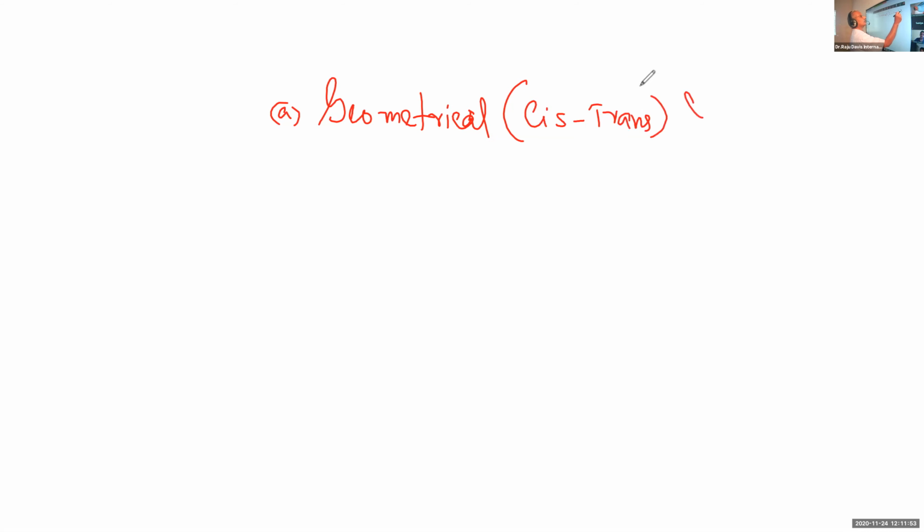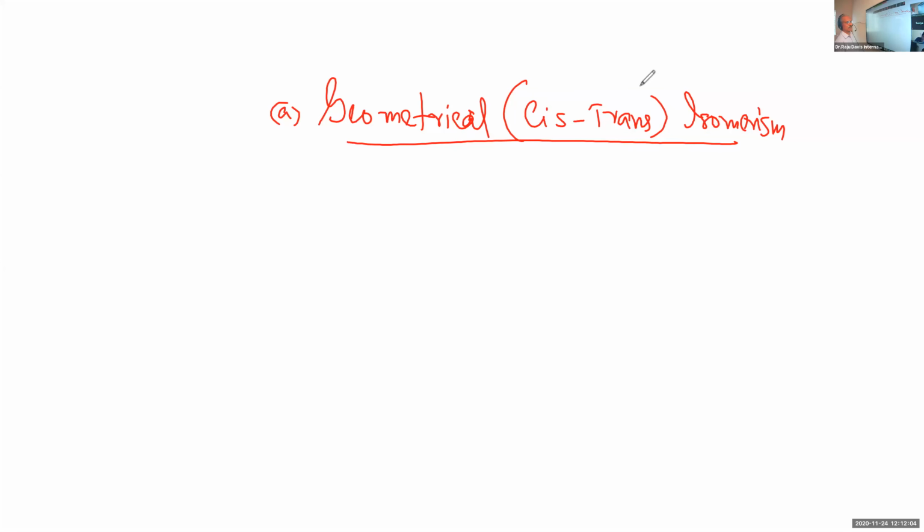Geometrical isomerism is also called cis isomerism.